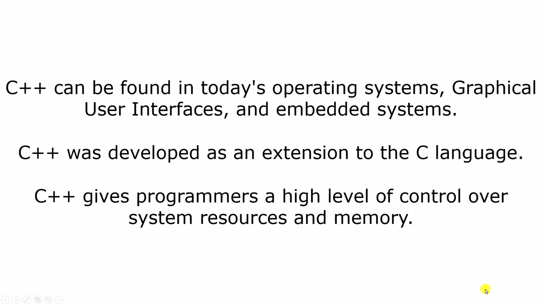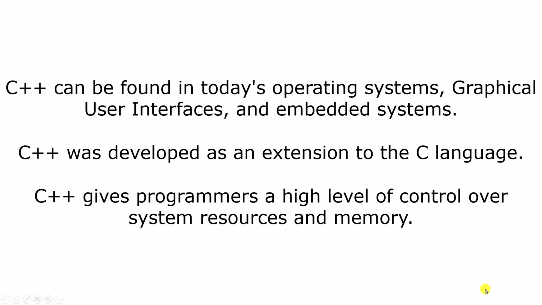Now, this C++ language was developed as an extension to the C language. So, if you know how to program in C language, then programming in C++ will be easy for you because both have almost similar syntax. The main difference between C and C++ is that C++ supports classes and objects, which the C program does not.